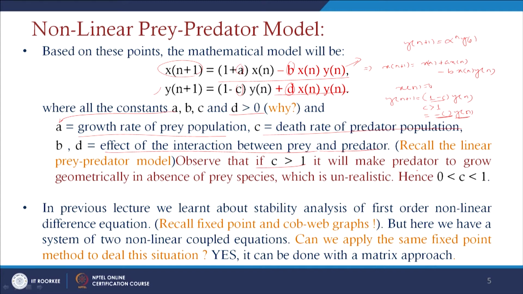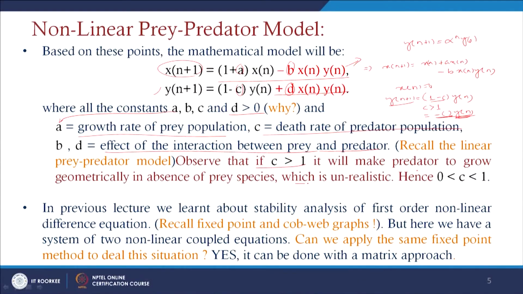This means that if the death rate or the declining of this population occurs with respect to the population size at level n+1, then this death rate cannot grow to a negative level.